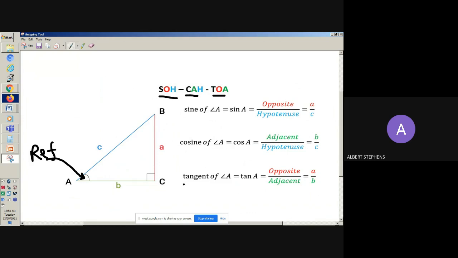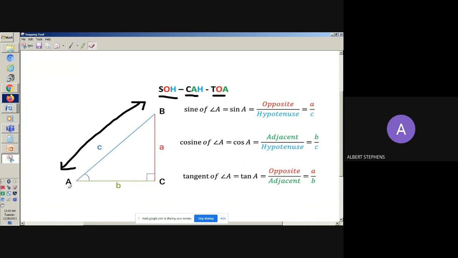Just to point out, when labeling a triangle, let me just get rid of this. A to B, that's side AB. Now I couldn't call it side A or side B only.